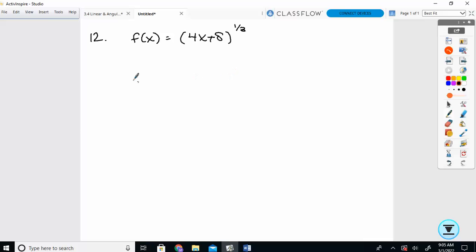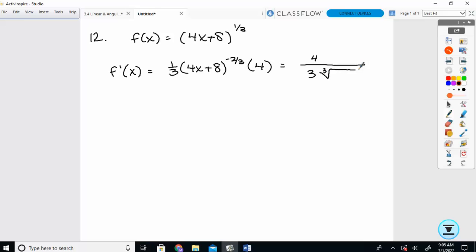So in order to get your critical points, what do you have to do? Derivative. So the 1/3 comes down, inside stays the same, subtract 1 from the power, times the derivative of the inside. If you want to rewrite this, a -2/3 means you have the cube root of that squared on the bottom.